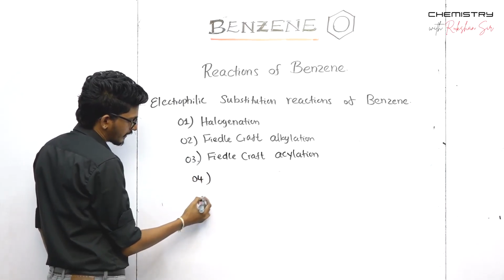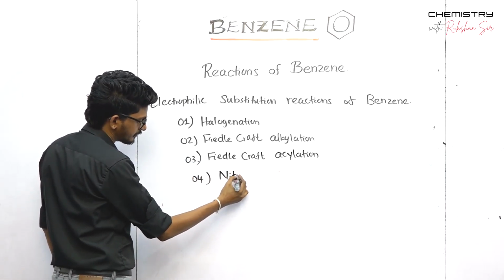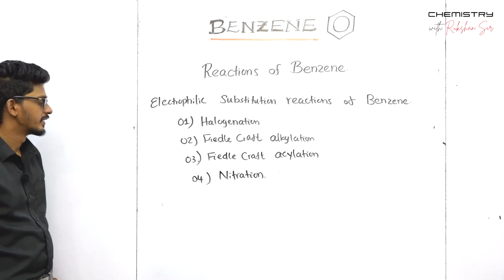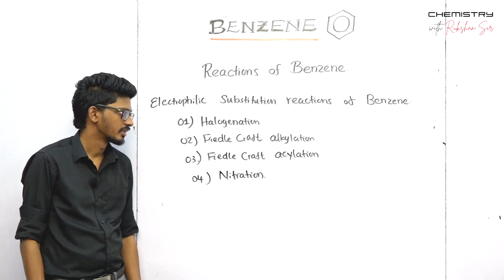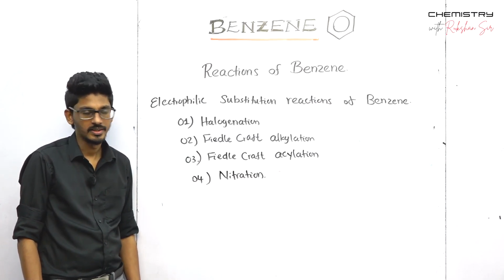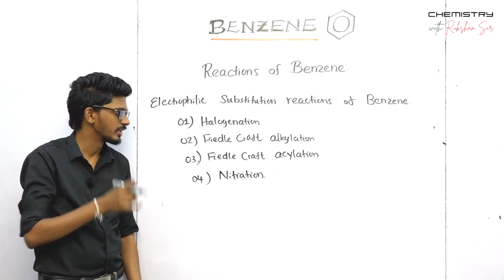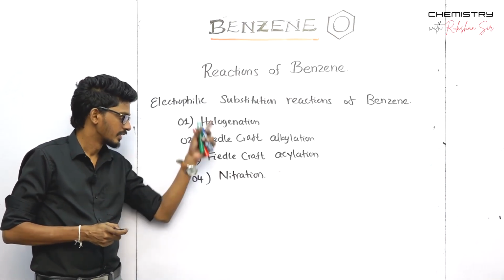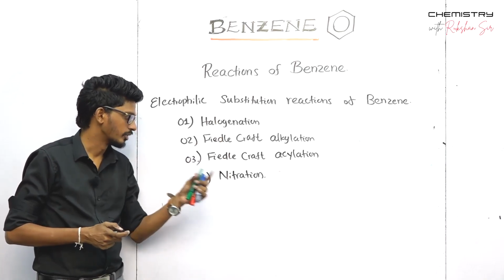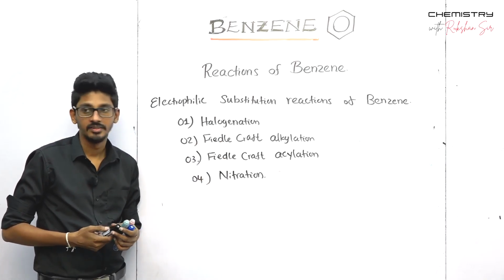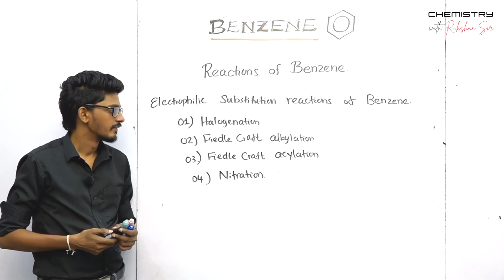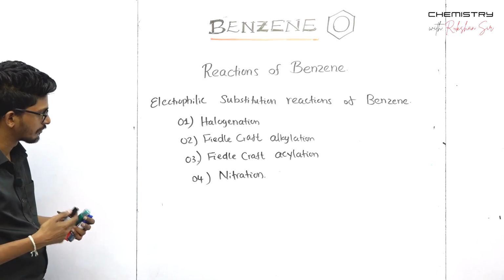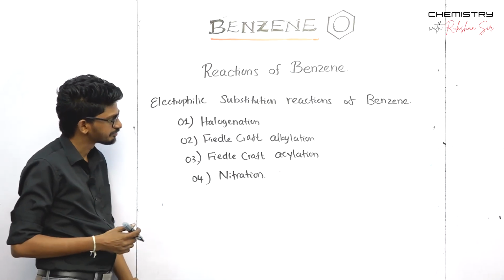Number 4 is benzene nitration. These are the 4 major types of reactions we will discuss with benzene. We need to discuss the reactions as well as their mechanisms. Each and every paper carries one of those 4 reactions as well as its mechanism. First, before going through them one by one, let's discuss a bit about what happens here.